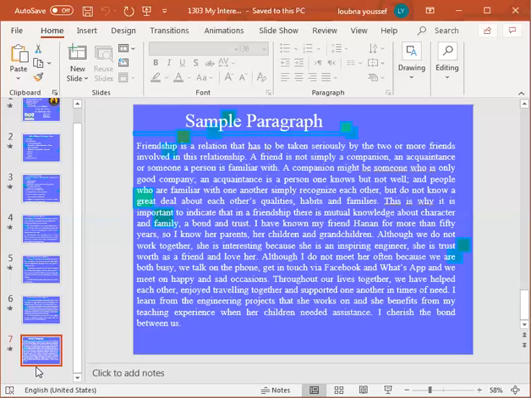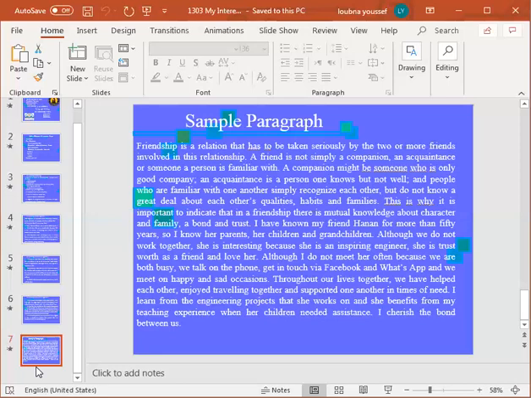The second part of the sentence says, an acquaintance is a person one knows, but not well. So here is a definition of an acquaintance, all right? It is someone you know, but you don't know that person very well, all right? Now, the third point the writer mentioned in sentence number 2 is a friend is not someone you're familiar with.